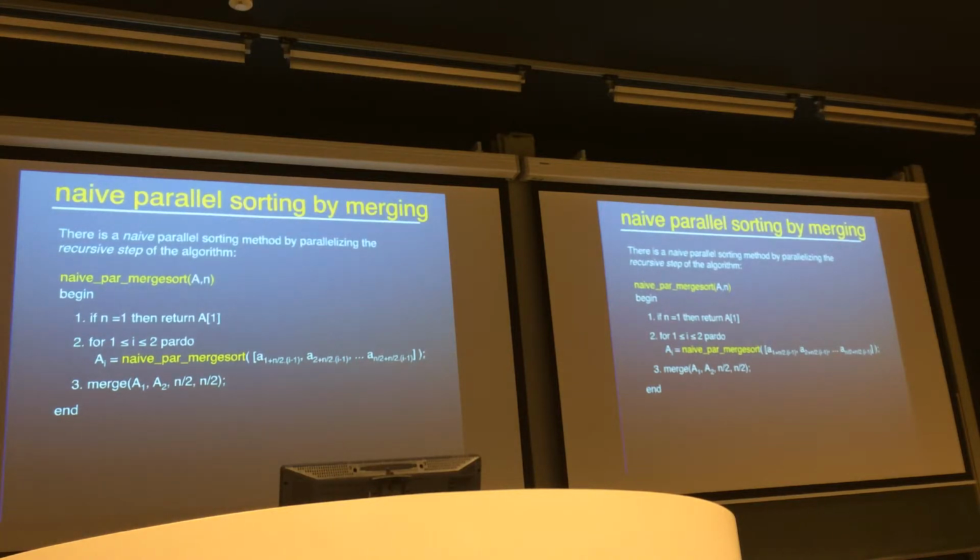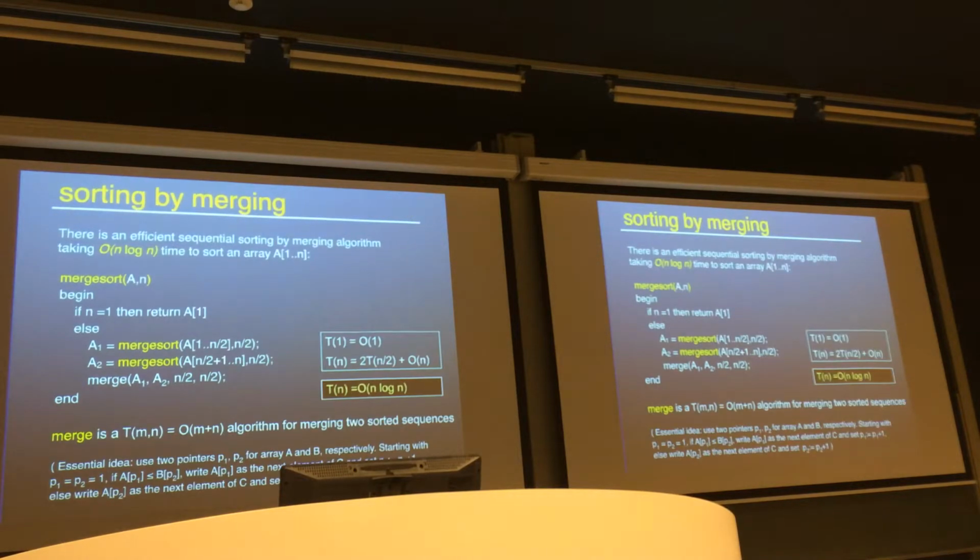If you look at merge sort, then almost everyone will try to do the following in parallelizing this algorithm. That is, of course, doing this step in parallel. In the sequential algorithm, we should do first the merge sort on the first half and then the merge sort on the second half.